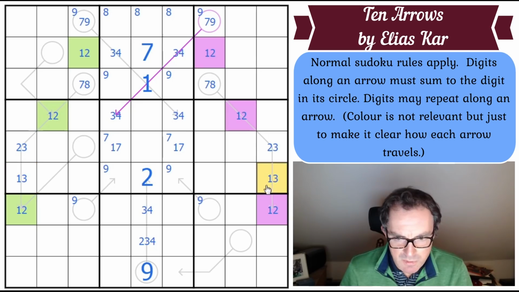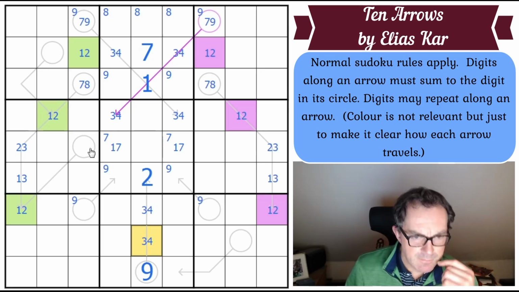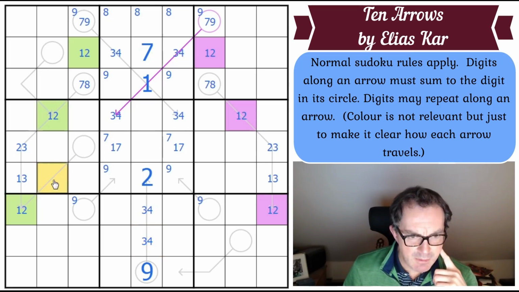So that limits these squares a bit more. There's no 2 here anymore. And so this square now can't be 1, 2, or 3.